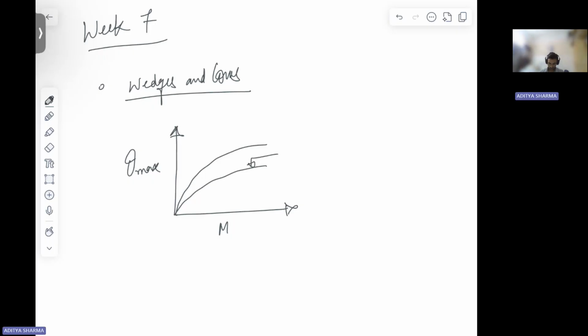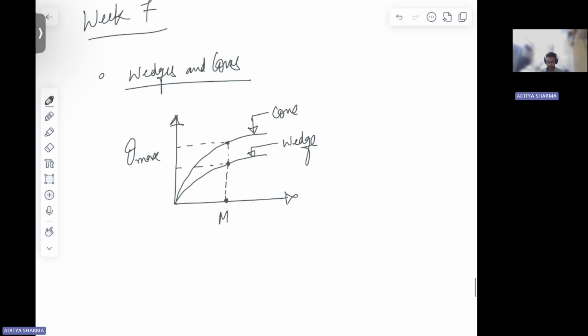So this is for your wedge and this is for your cone. Now if you take one Mach, you'll see for the same Mach, your theta max is greater for your cone and theta max for your wedge is less, which is because of the 3D relieving effect.